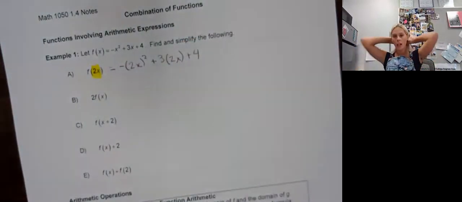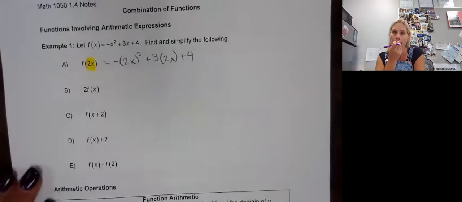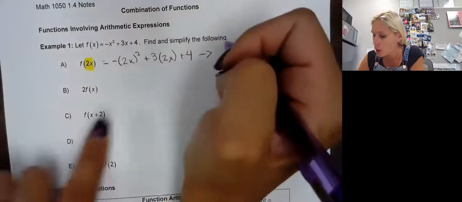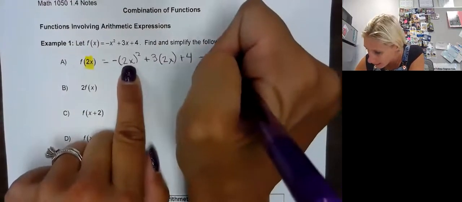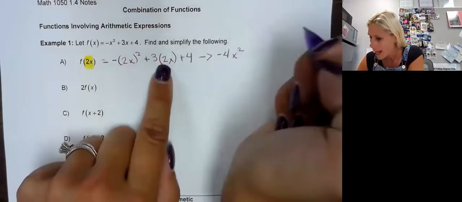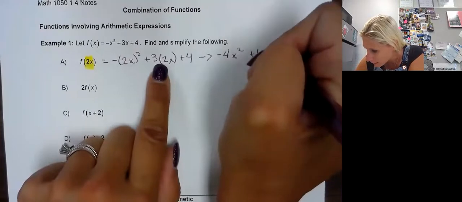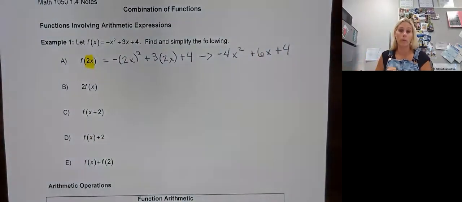So that's with evaluation. Now, what this is having us do is simplify all the way, okay, guys? So 2x squared is 4x squared, but there's a negative out front, so negative 4x squared. And then 3 times 2x is 6x, and then plus 4, and we're done.